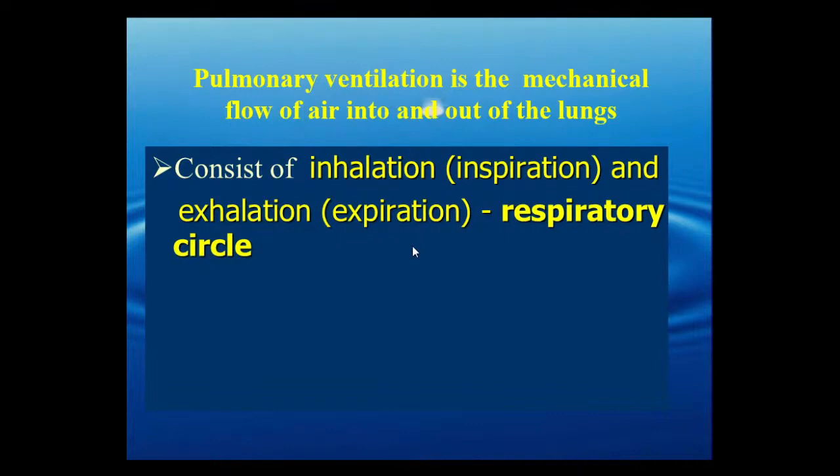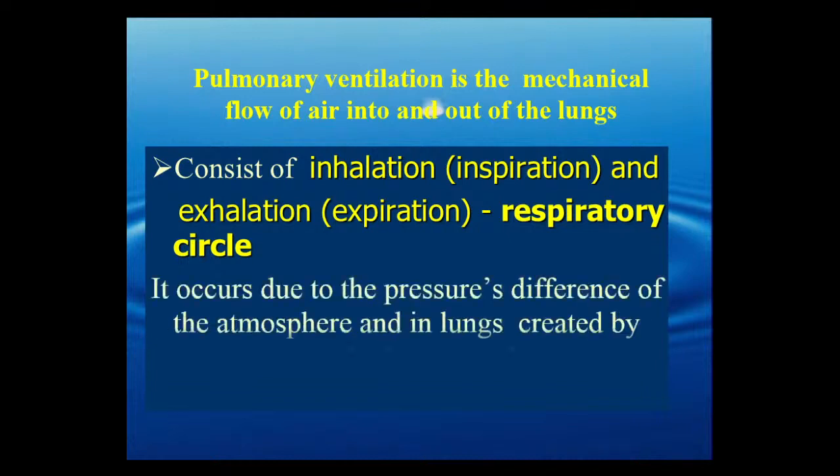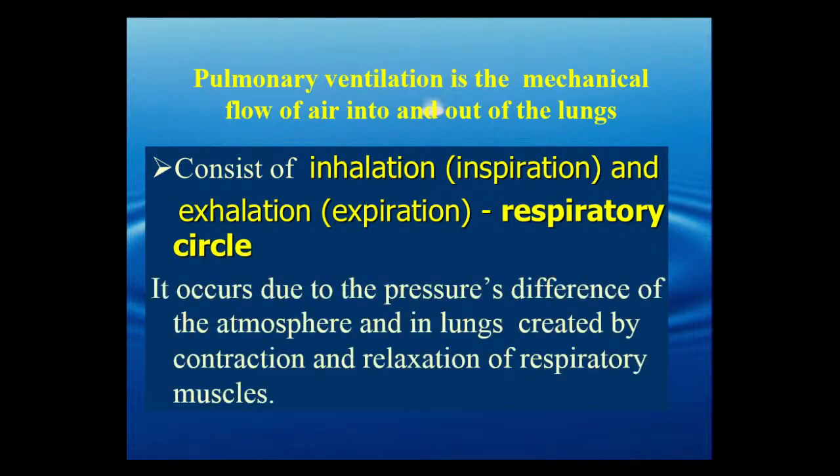Both these processes give us a respiratory circle. It occurs due to the pressure difference between the atmosphere and the lungs. And this difference is created by contraction and relaxation of respiratory muscles.